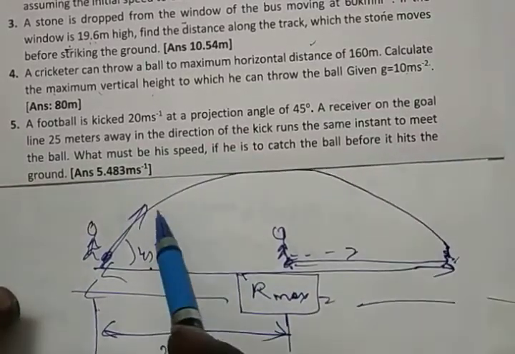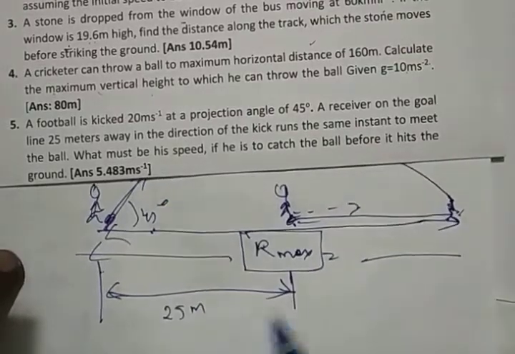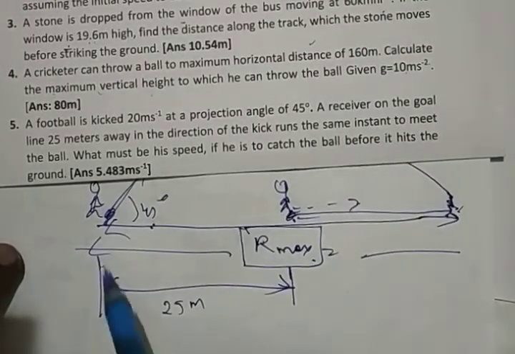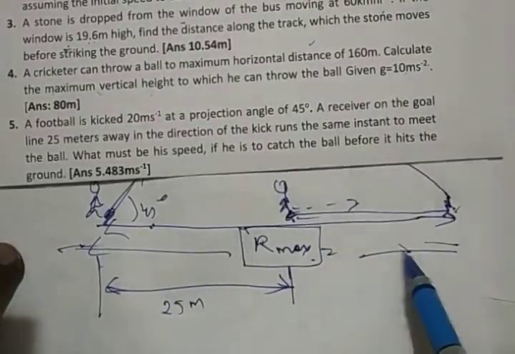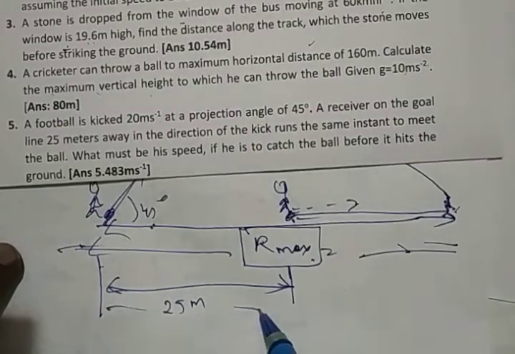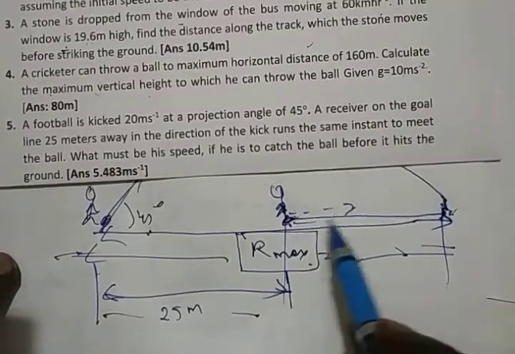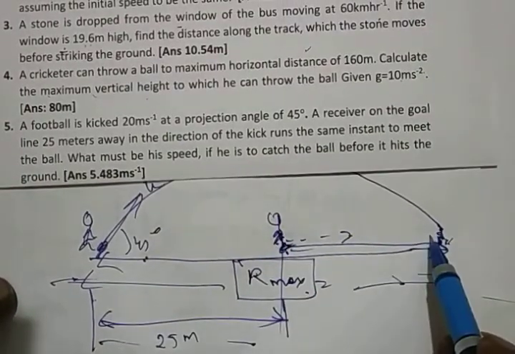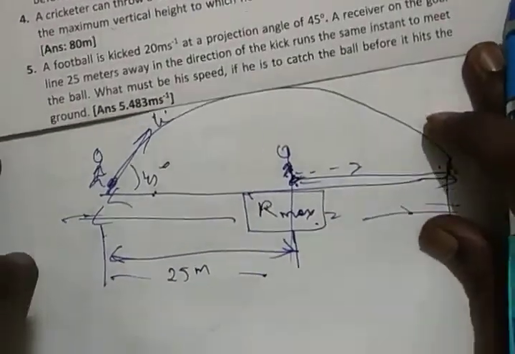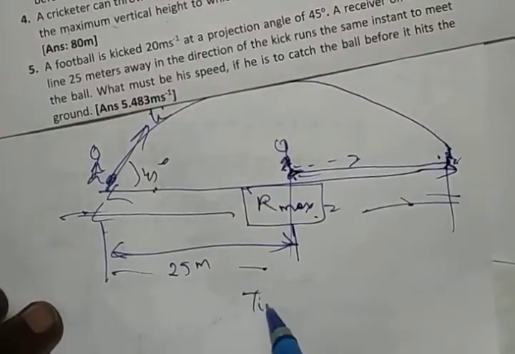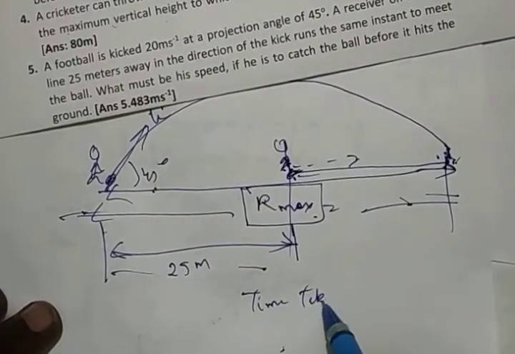You have the basic parameters, you have U, so you find R max. Then subtract 25 from it, and you get how much distance he has to run. Also, you need to find the time taken for the projectile.